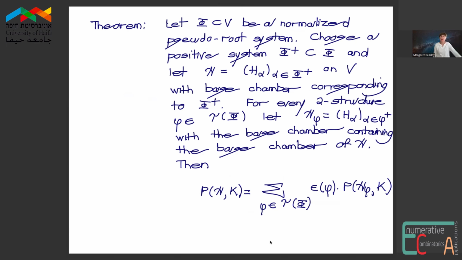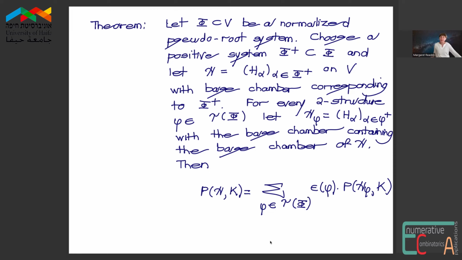Okay, so here's one of the theorems. Suppose we have a pseudo-root system where all the vectors are normalized, so they're unit vectors. Let's choose a positive system, and we have the associated hyperplane arrangement corresponding to the positive pseudo-roots. You have a base chamber corresponding to everything pointing in the positive direction.